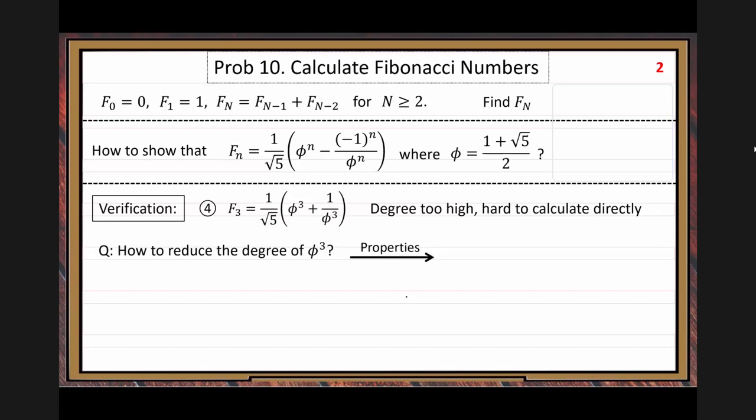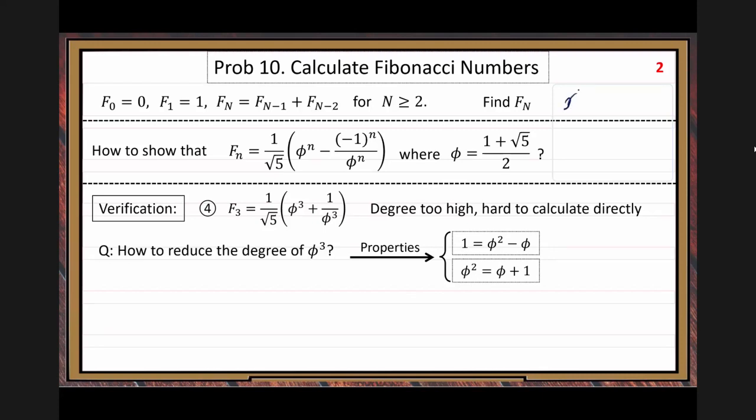Look, there are 2 properties we can use here. The first property, 1 equals phi squared minus phi. Second property, phi squared equals phi plus 1. Okay? Remember, how do we calculate phi?